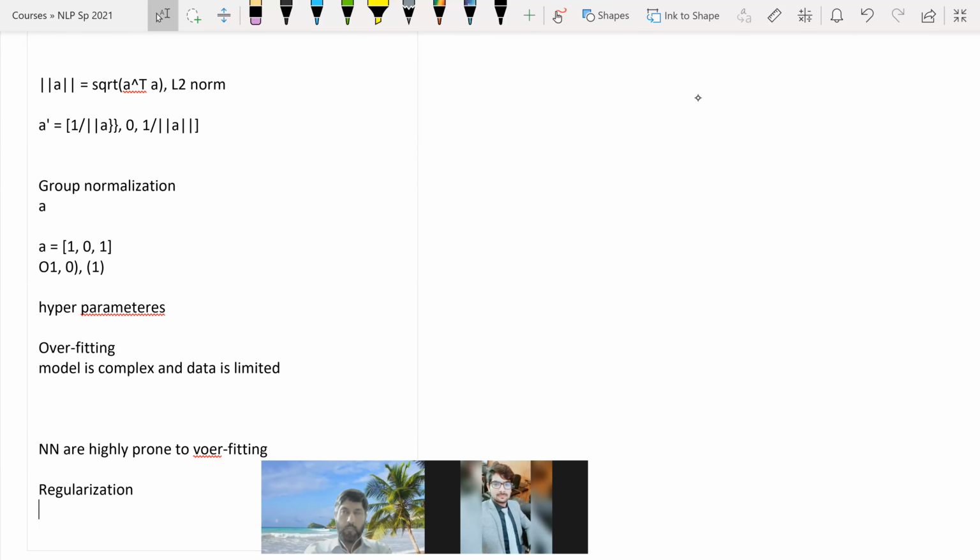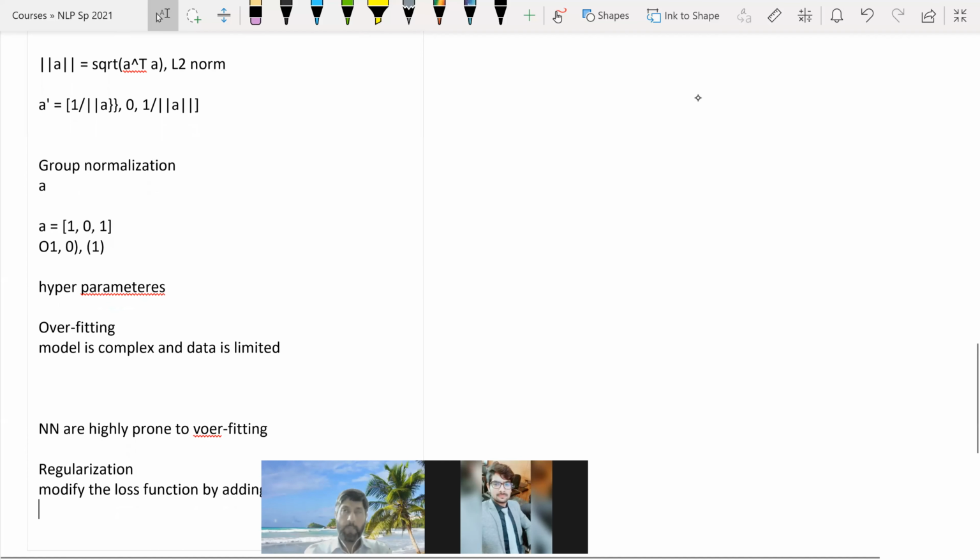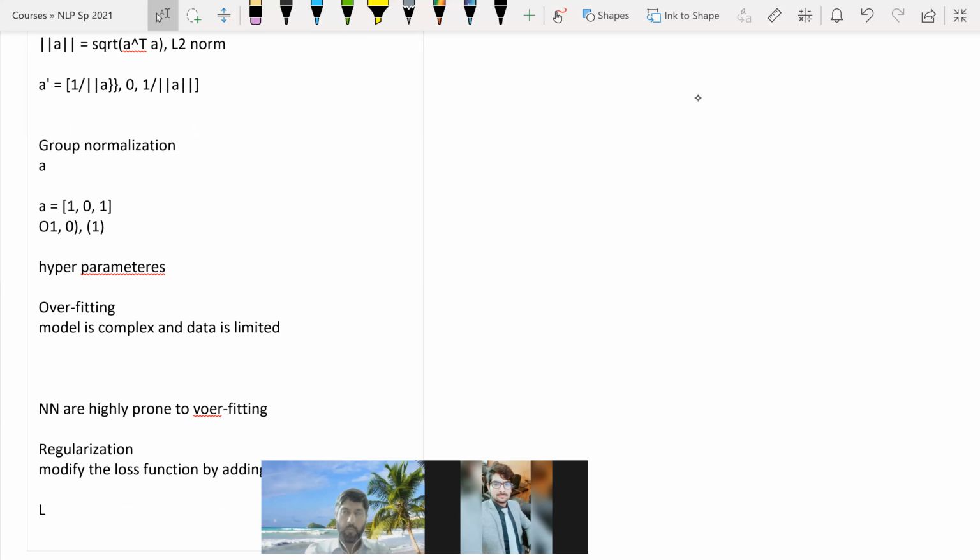So basically the loss function is modified by adding a regularizer term. The updated loss would be the original error loss plus the regularizer loss.